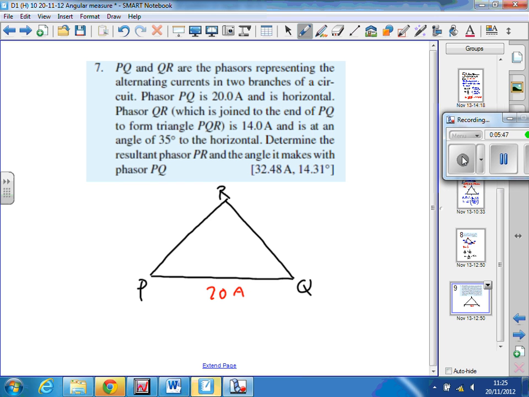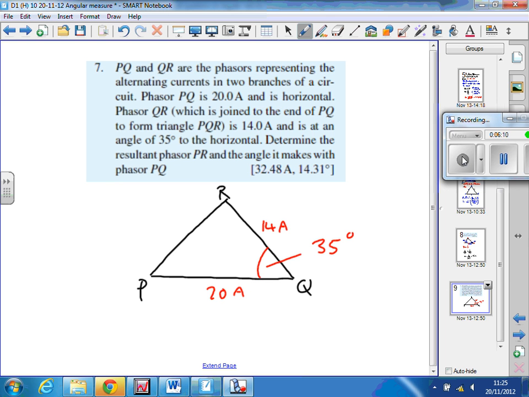So here's our triangle, PQR, and we're given that that's 20 amps. It's 14 amps long, and it's at an angle of 35 degrees to the horizontal, so I know that angle is 35 degrees.